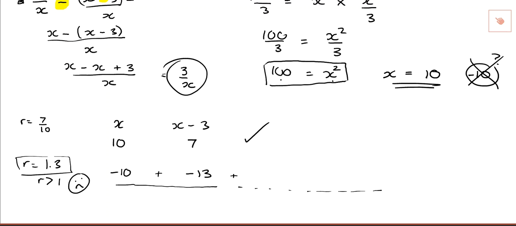If r squared equals 4, r could be 2 or negative 2, and it would still work. So especially in sequences, make sure you consider it. But in this case, x is what we had to find, x can be 10, but x can't be negative 10.